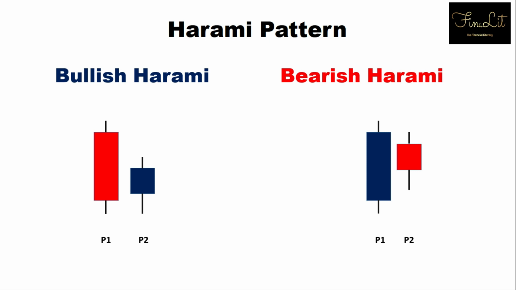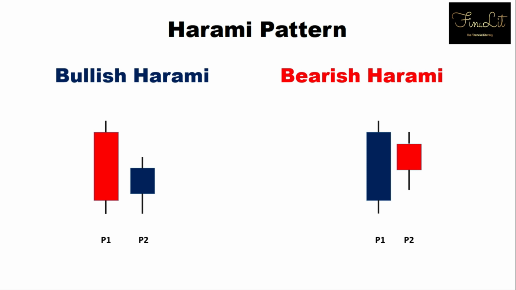A Bullish Harami candle pattern is formed at the lower end of a downtrend. P1 is a long red candle and P2 is a small blue candle. The idea is to initiate a long trade near the close of P2, as a risk taker.